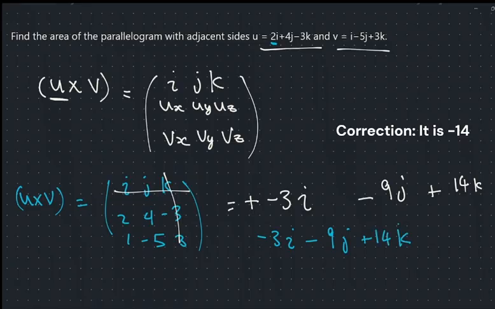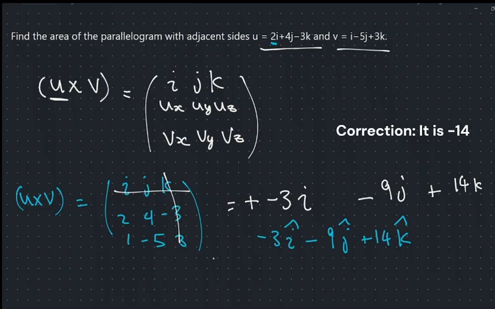And to be as scientific as possible, I will put the hat notation here. It is important for us to know that this is not the area because it's still in vector form. Therefore, to find the area of a parallelogram, we will have to find the magnitude of this vector.